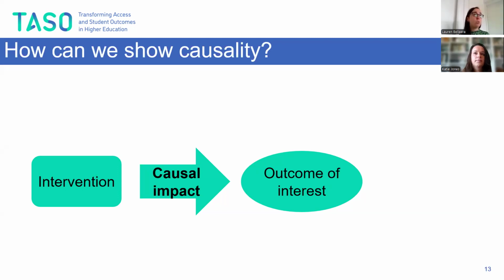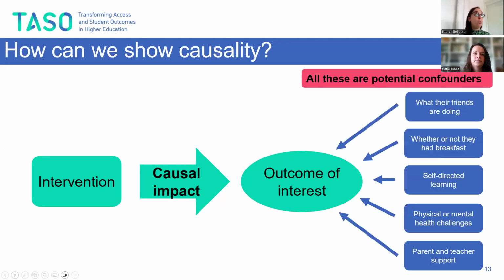But the challenge is that alongside your intervention in the real world, we also have what we call confounders, or confounding variables, as a bunch of other stuff is happening at the same time. So it's really difficult to know what is causing the outcome of interest. Is it our intervention, or is it the other factors happening at the same time?